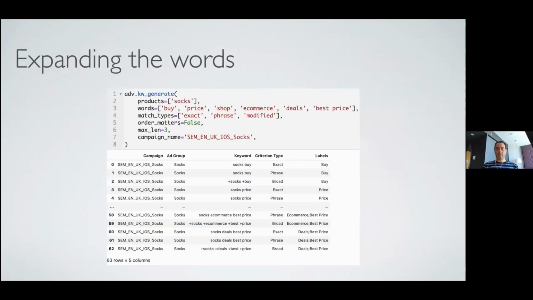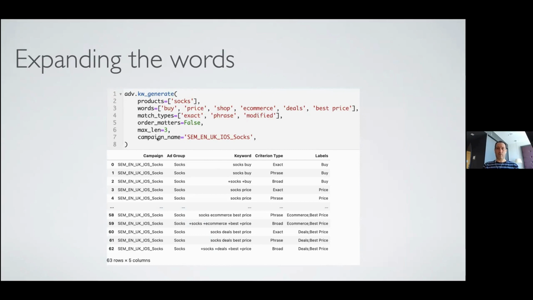So then let's say we did some analysis, we did some research, we talked to the client, and we realized that people use other words to express the intention of buying. So we added shop, e-commerce, deals, and best price. We also added 2 new match types, phrase and modified. So when you say modified, you get broad and the plus sign next to each one of the words that you have.